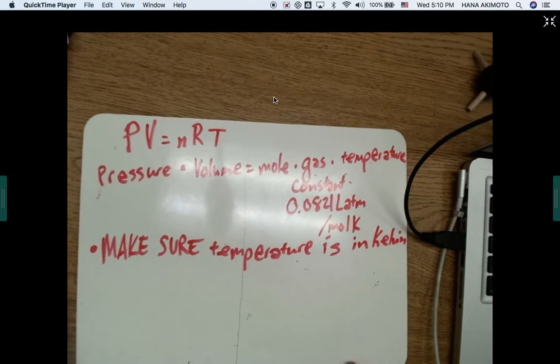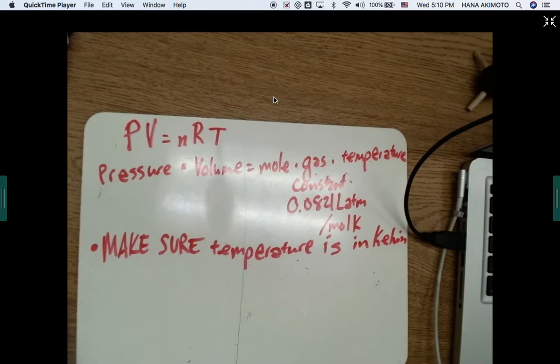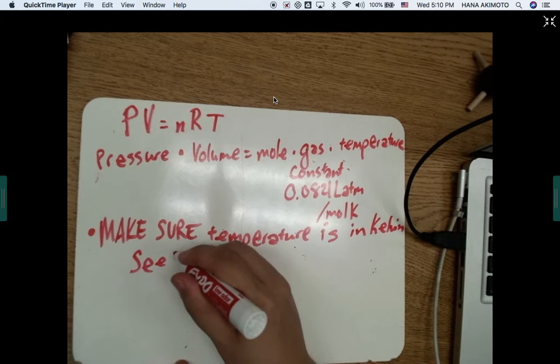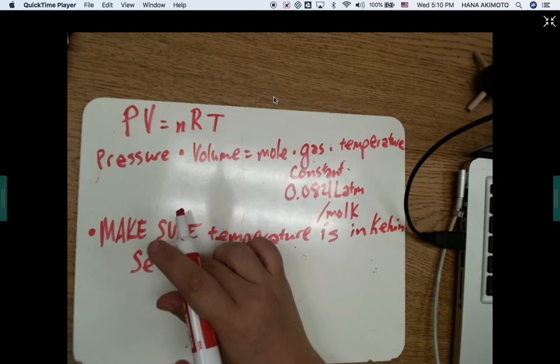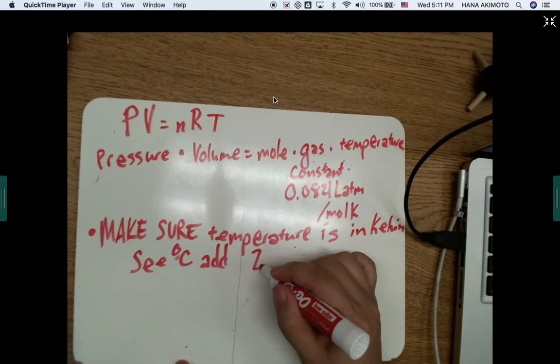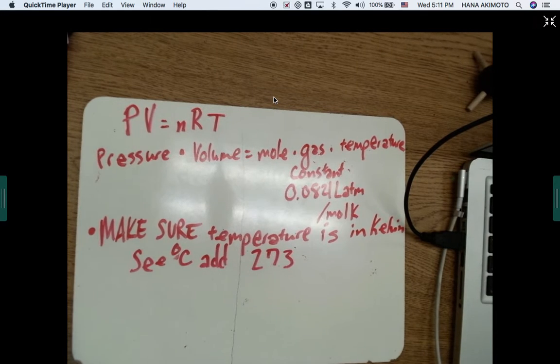Okay, because we can't have negative volume, pressure, or moles, so your temperature needs to be in Kelvin, right? And here comes our rhyme: if you see degrees C, add 273. We learned that a while ago. If you see degrees C, add 273.